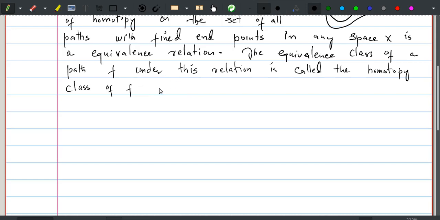And it is denoted by f with these square brackets.